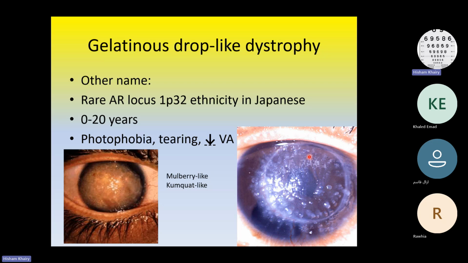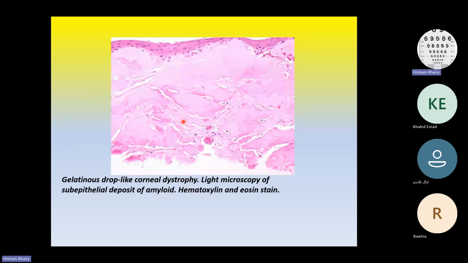Here, this patient had a corneal transplantation, and the dystrophy recurred in the graft. It can be described as mulberry-like. Here is the gelatinous drop-like corneal dystrophy stained by hematoxylin and eosin, and it shows the amyloid deposits.